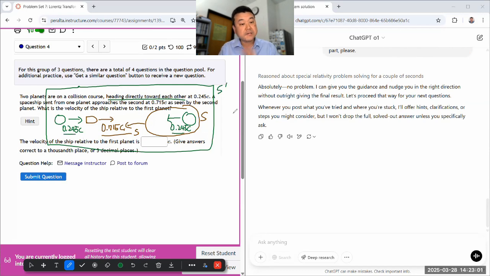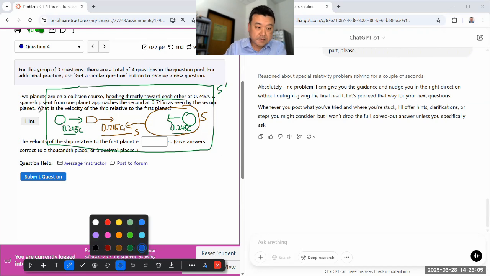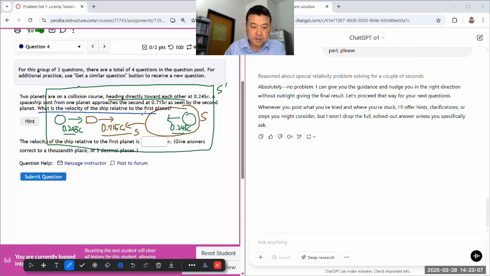That's in frame S. And then I'm going to misunderstand this velocity to be for frame S double prime. That would be the reference frame of this planet, which will be at v equals 0 in S double prime.